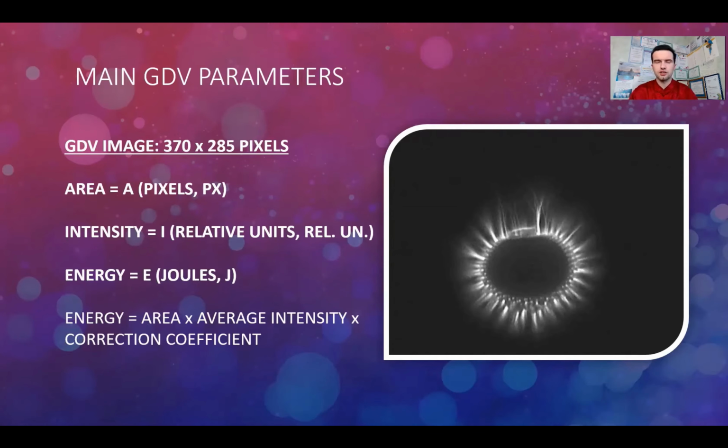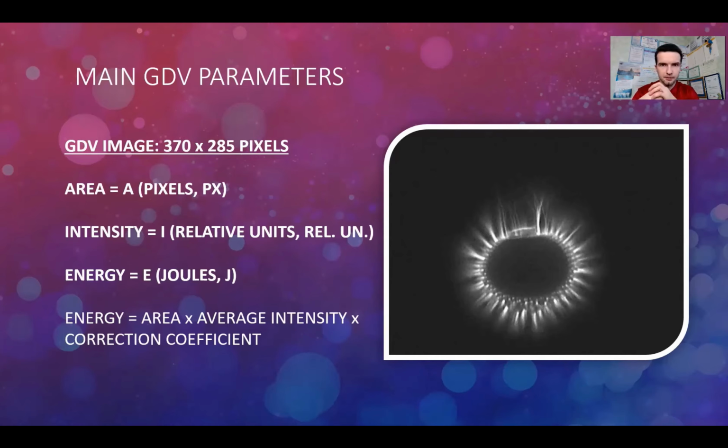But of course, you are not interested in all these background black pixels, even gray pixels. You're interested in only those pixels that are connected with the glow of the finger or any other object that you are studying. So in our software, we have the area parameter.